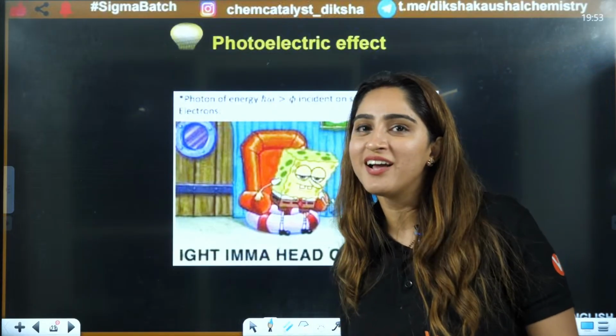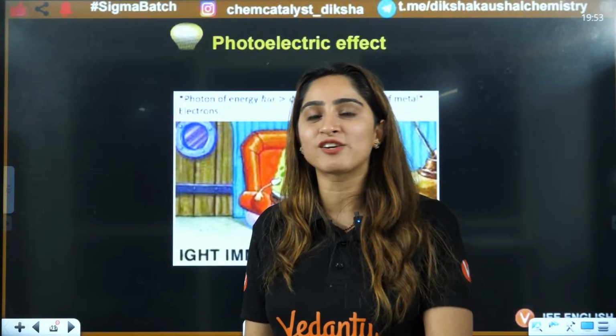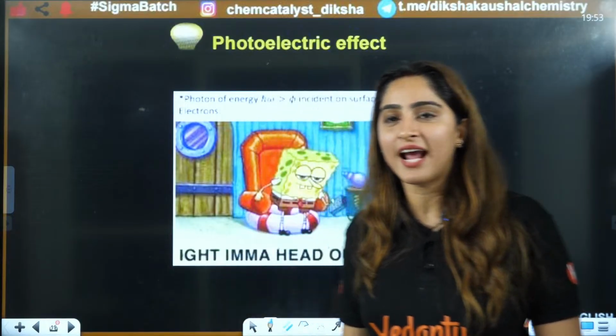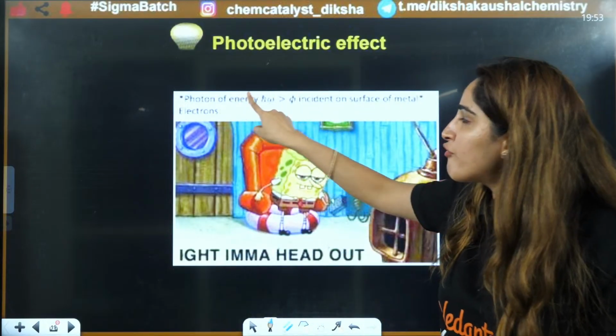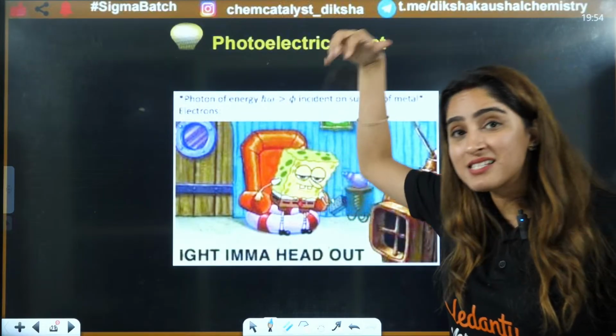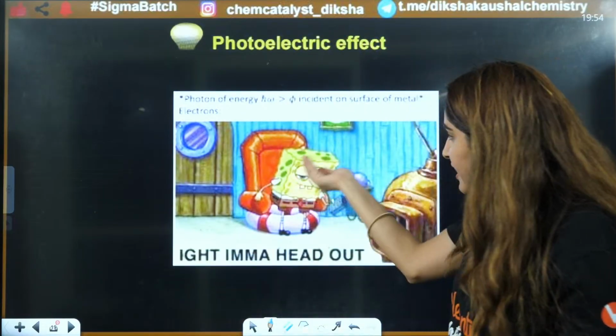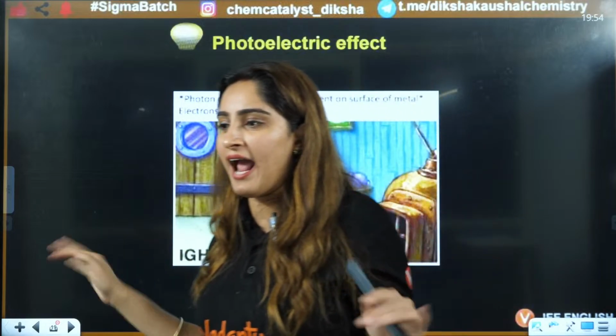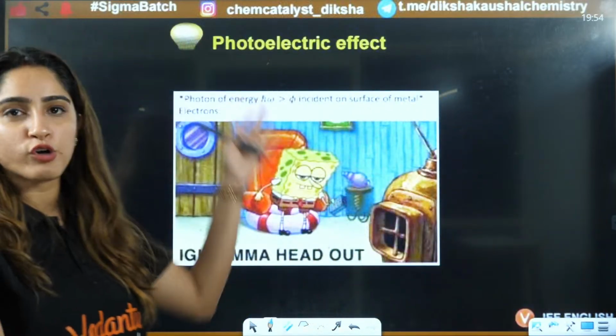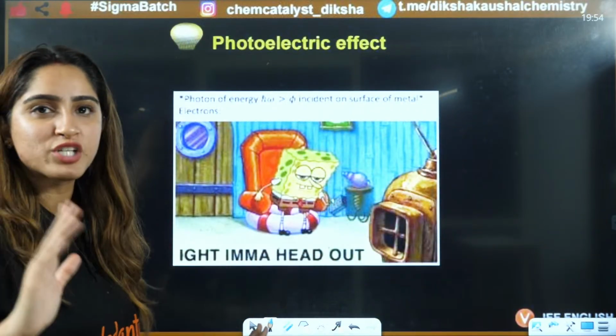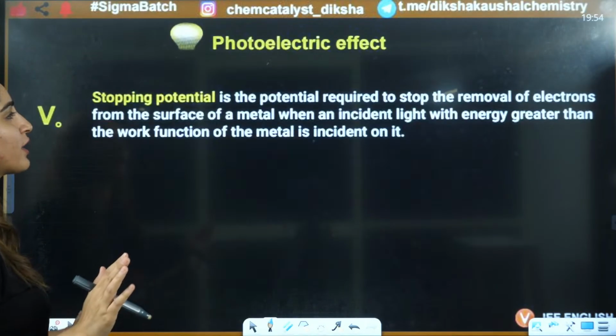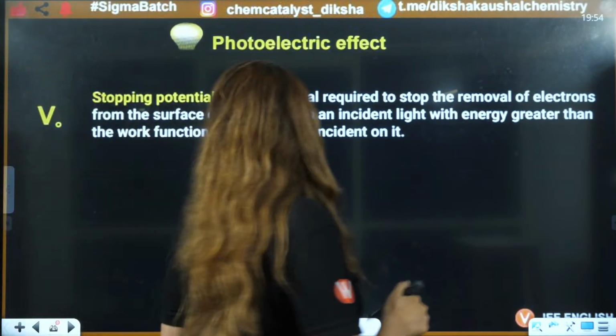Electron has to get out, right? Electron can't stay lazy here. The electron has to get out of its seat and move. It cannot just sleep, like, okay, I'm chilling, right?